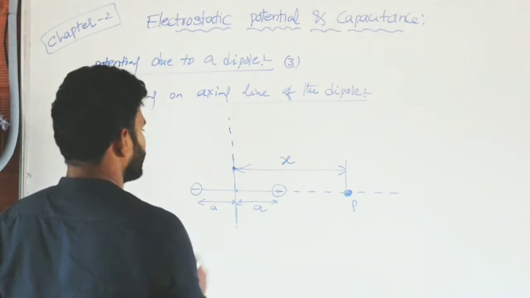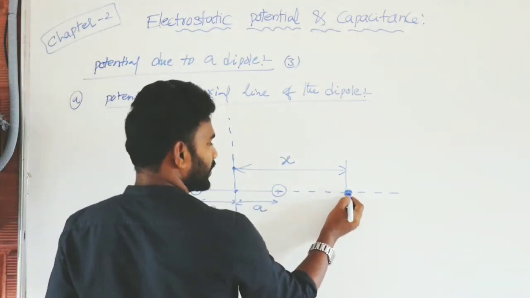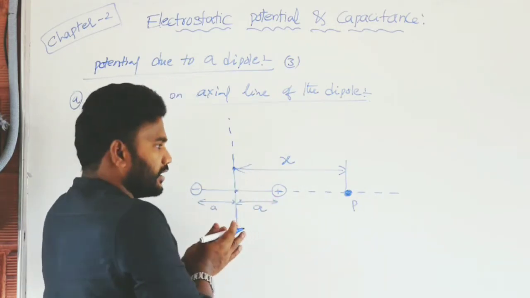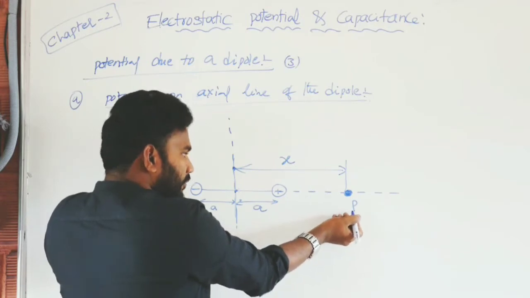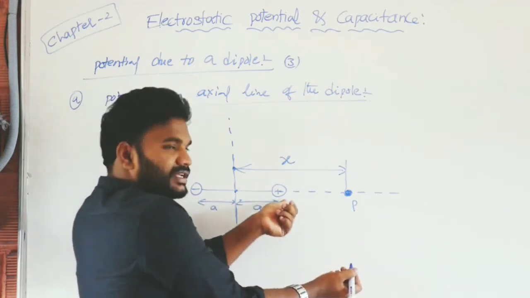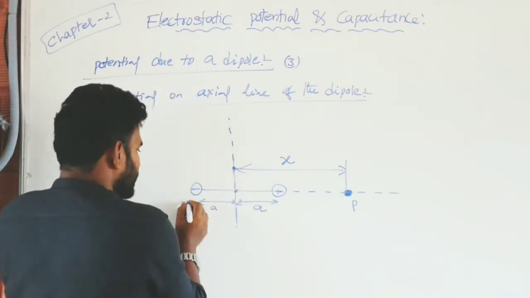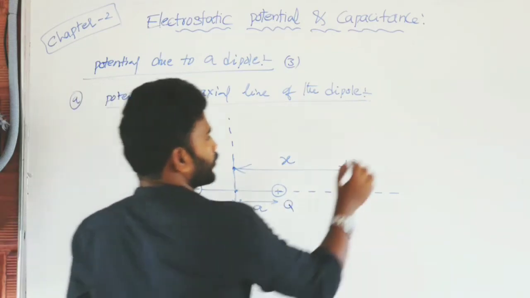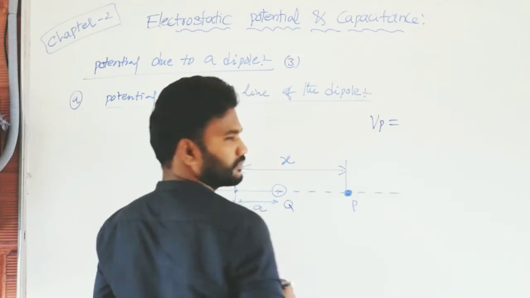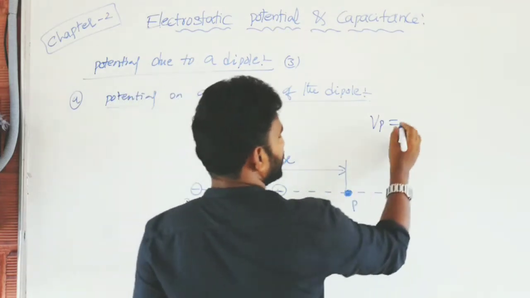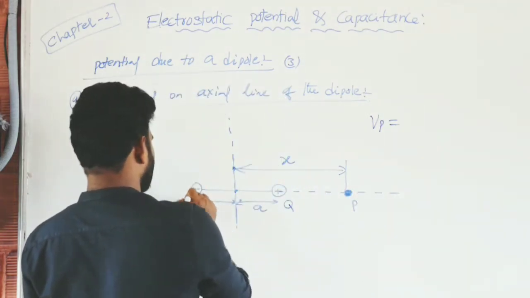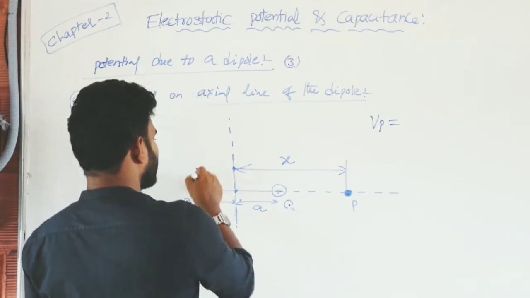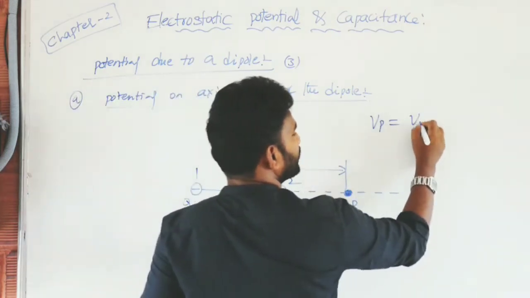Now, what is the potential at this point? There are two potentials we have: the potential at point P with respect to the negative charge as well as the positive charge. We have to sum the two. Let me consider this is charge Q1 and this is charge Q2. Both are the same, Q only, but we will label them 1 and 2. So the potential at point P is V1 plus V2.